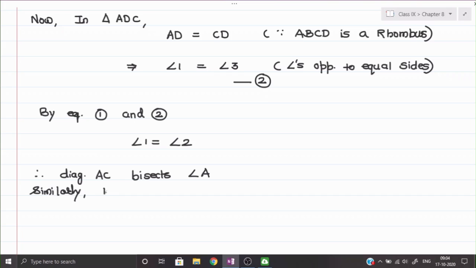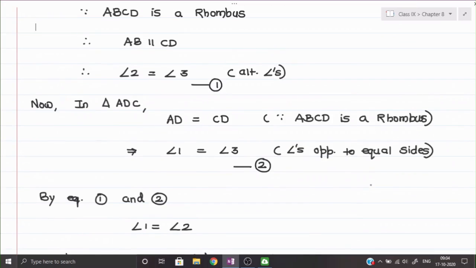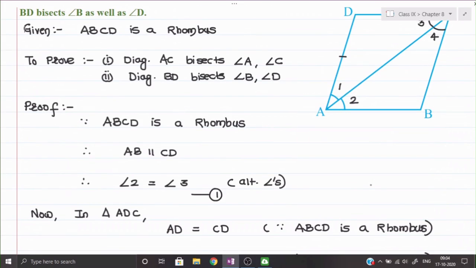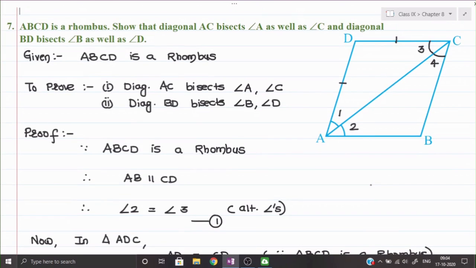Similarly, we can prove diagonal AC bisects angle C also. I have taken all the angles along with angle A only. Now consider angle 3, angle 4 and angle 2.